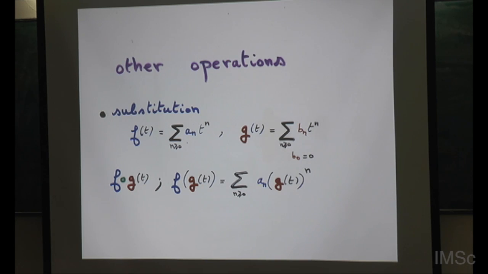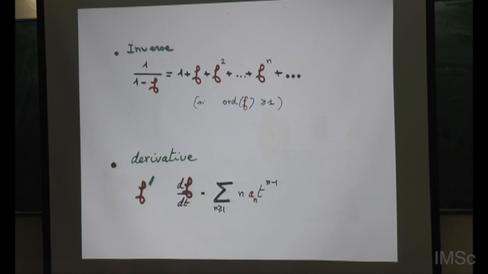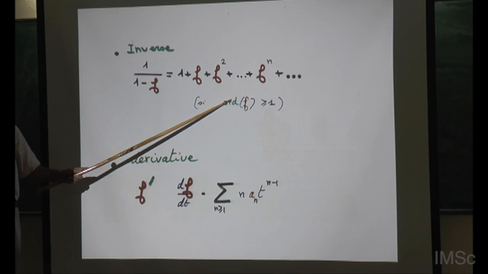So we will see some examples with binary trees, and a nice example is what is called the Strahler number in a binary tree, and to explicitly give the generating function, we need substitution inside the binary tree. There is the inverse also. The inverse makes sense also if the constant term is 0.